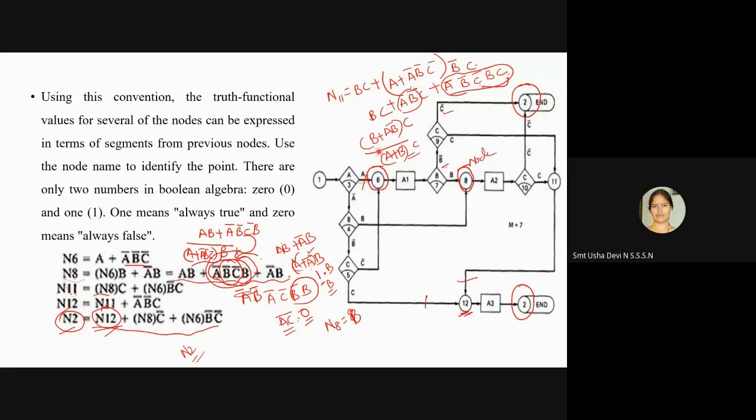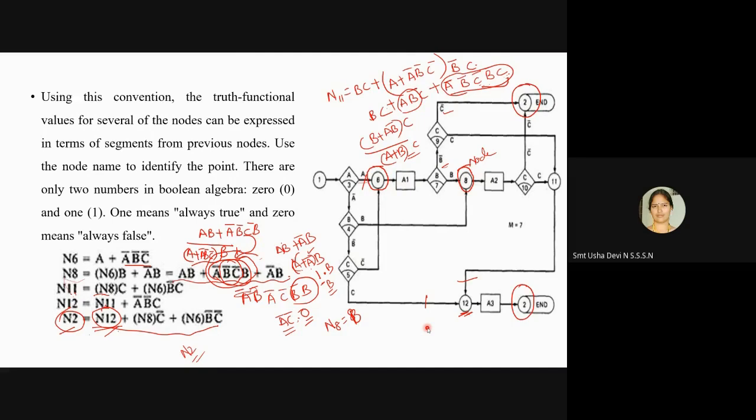See, 1, 2, the node 3, 4, 5. All these are decision nodes, and again 6, 7, and this is 8, and this is 9, and this is 10, 11, 12. So in the total graph, you need to observe each node.